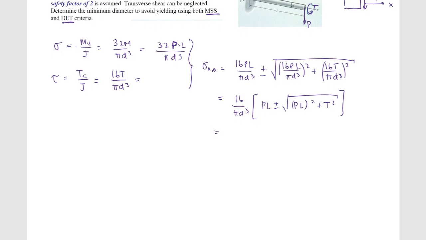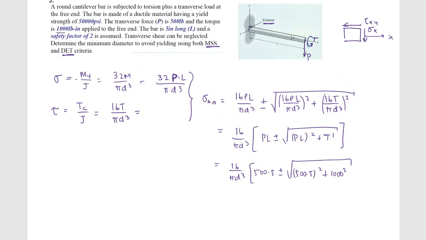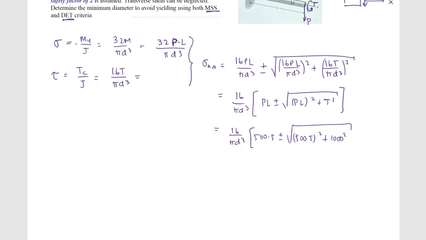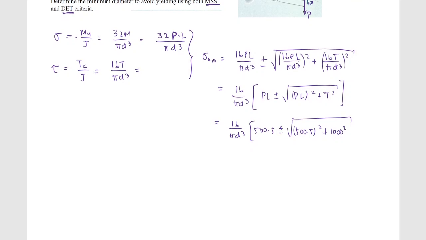With the numbers, I have something like 500 times 5, and then 500 times 5 squared plus 1,000 squared. Going by these numbers, 1,000 for the torque and 500 by 5 long for the moment.